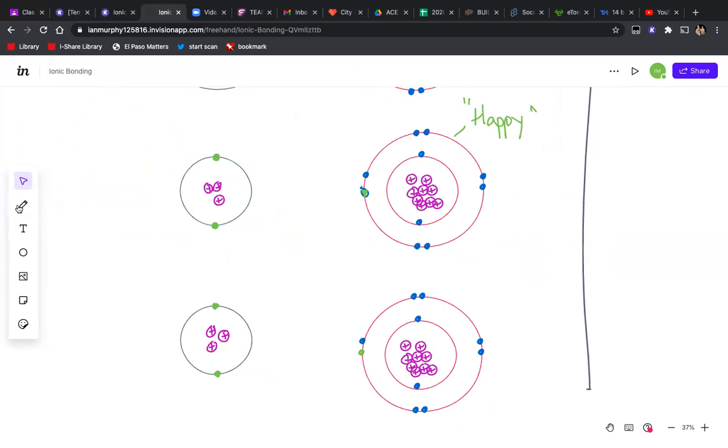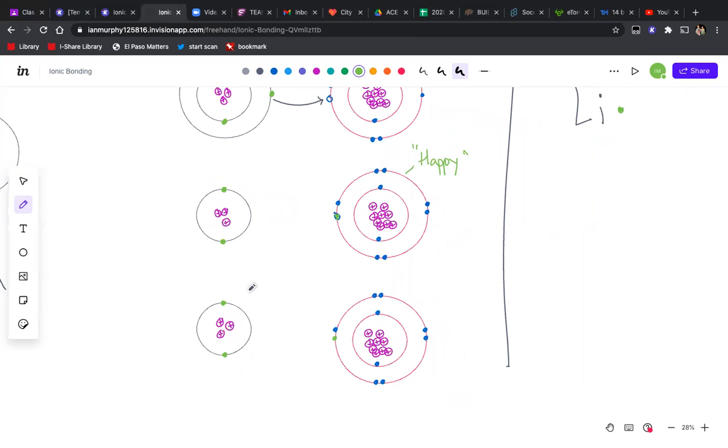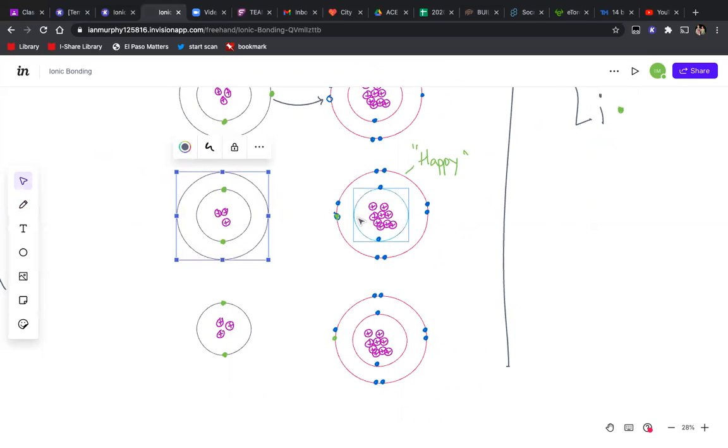And as a result, what it ends up with is a full valence shell. Remember, in the first shell, you can only fit up to 2 electrons. So technically speaking, it now has a full shell. So I'm going to bring back that shell right here, just for the sake of these different models that we have.